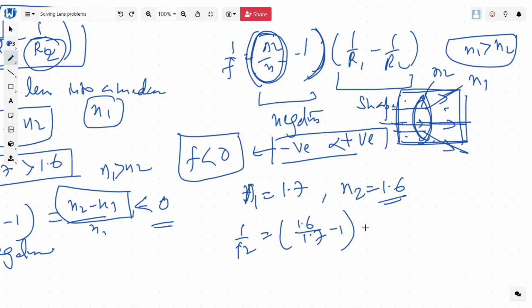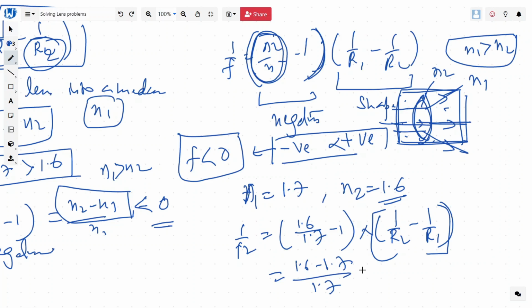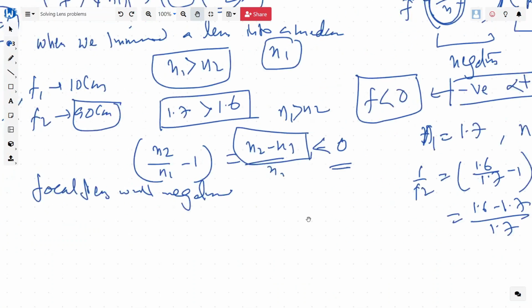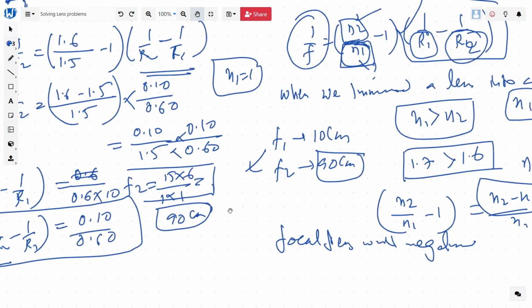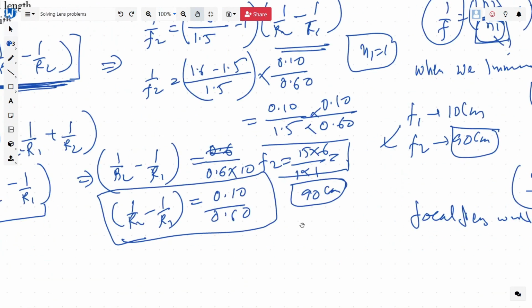1.7 minus 1, and we already have a value of this one, right, because we're dealing with negatives. So now we know that, so 1.6 minus 1.7 divided by 1.7, and this value we have already established, and that is 0.1 by 0.6.